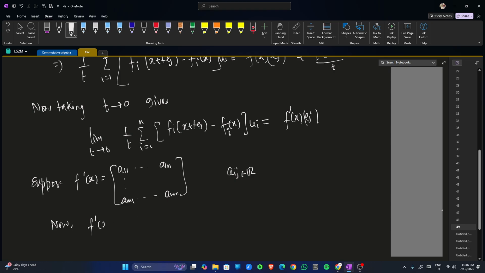Now f prime of x applied on ej is the jth column. It is the summation i equal to 1 to m of aij ui.